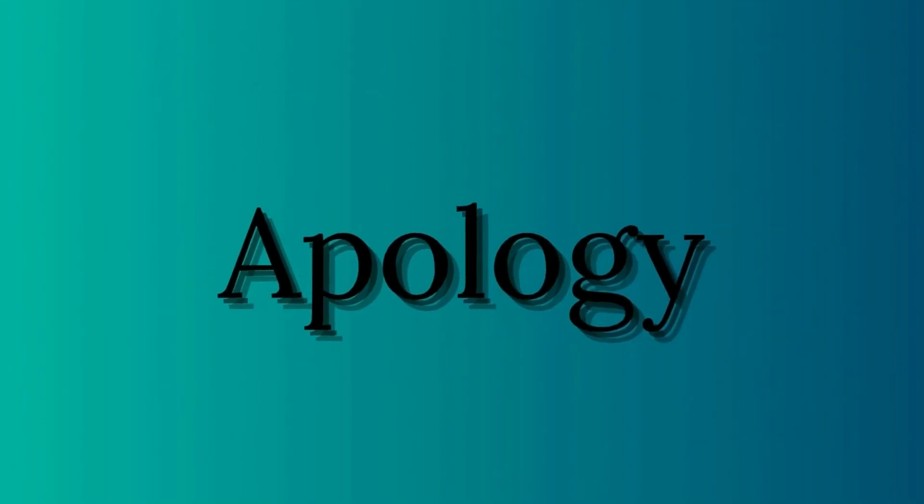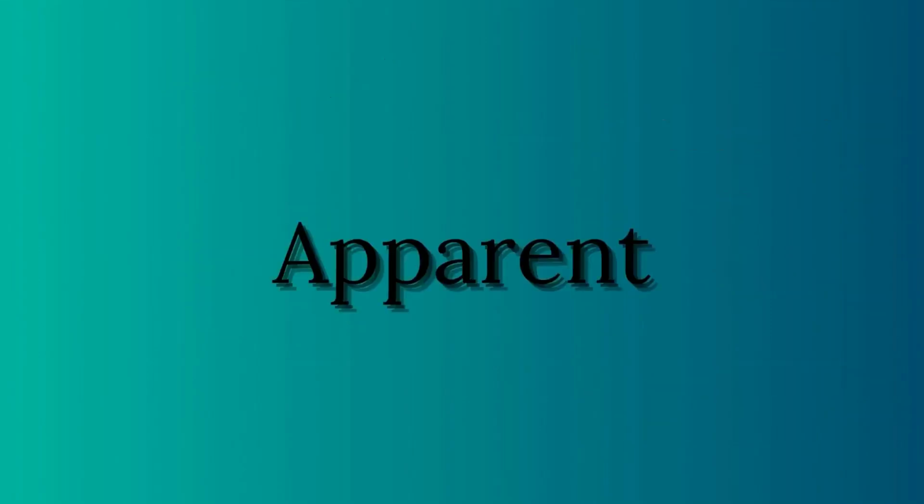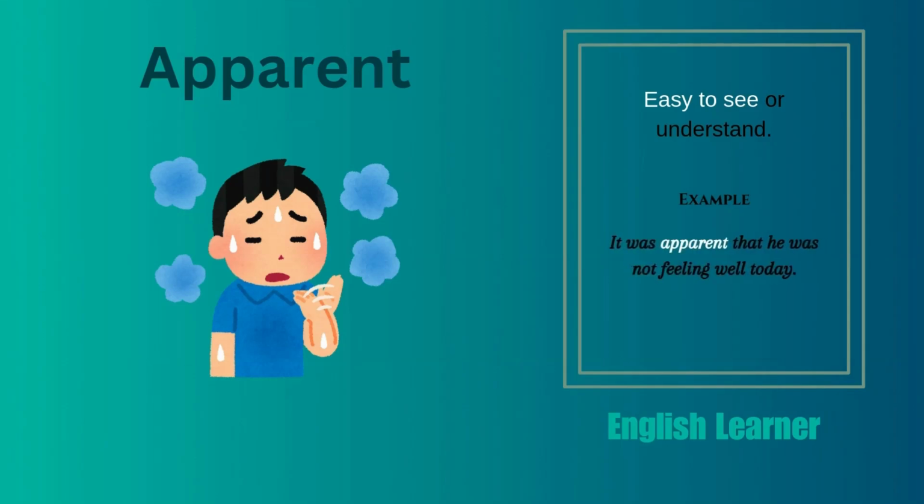Apology. A statement saying you are sorry. Example. She wrote a letter of apology for breaking the school rules. Apparent. Easy to see or understand. Example. It was apparent that he was not feeling well today.